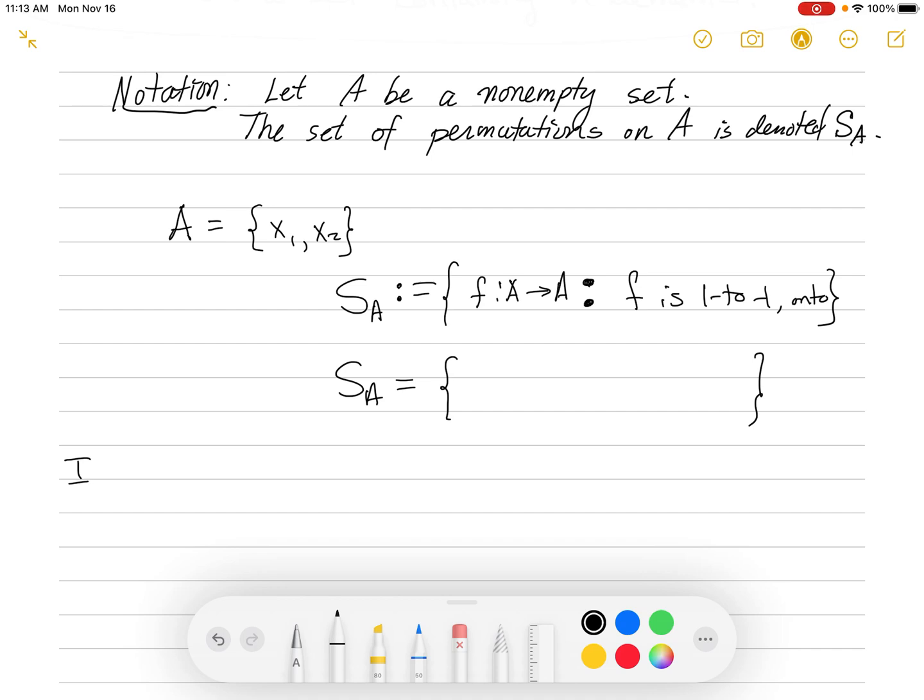Let's list them out. So you have the identity permutation. It takes x1 to x1 and x2 to x2.